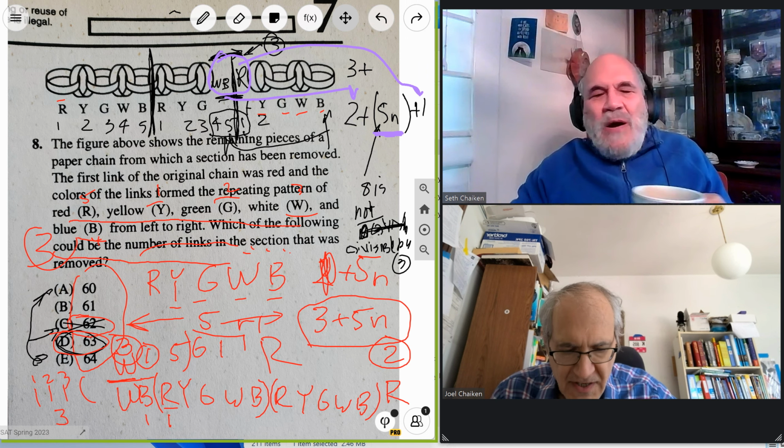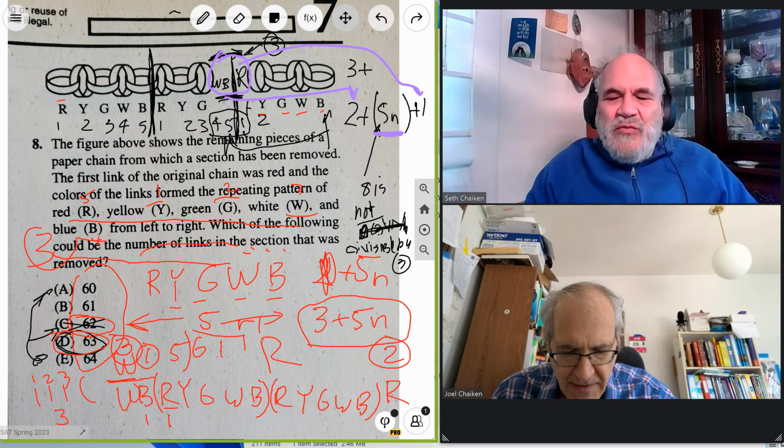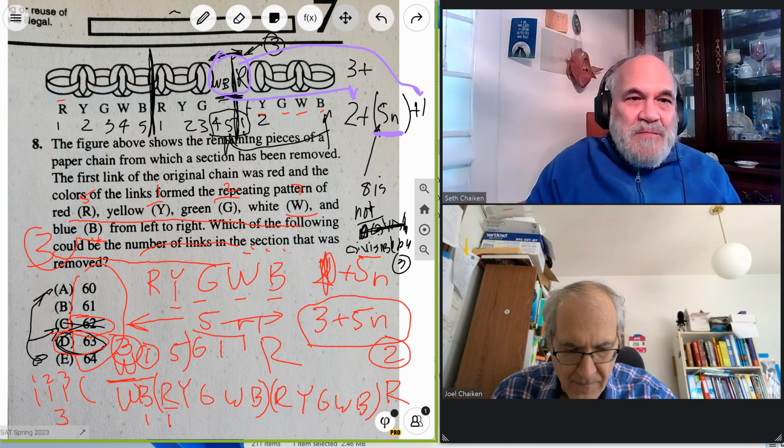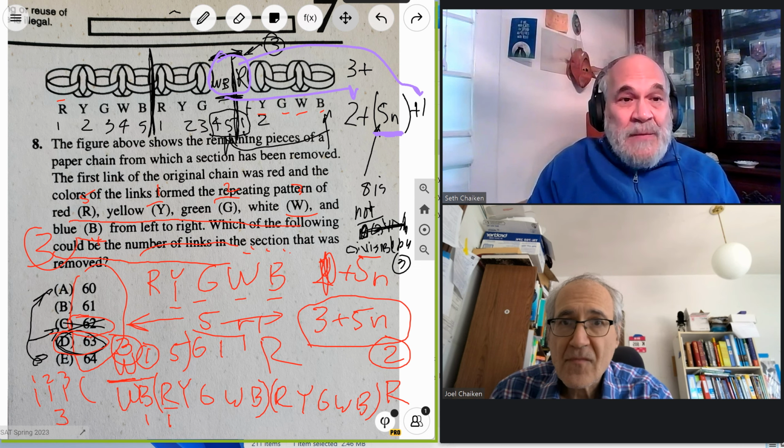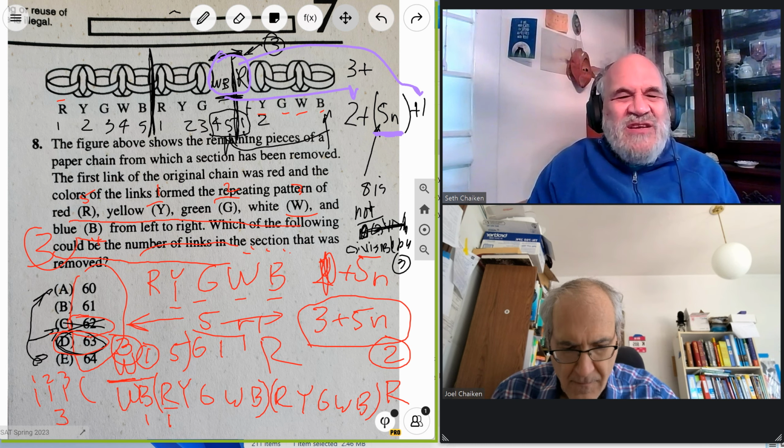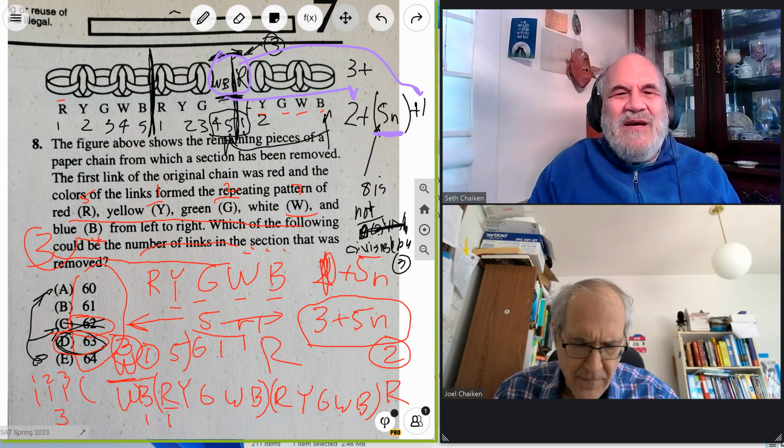So unfortunately, on the SAT, I'm not going to have the time. The thing with the idea of the period is that for the middle of the train, they happen to say that the chain begins with a red, and they told you it ends with a blue. So the chain itself consists of repetitions of the period they gave, right?